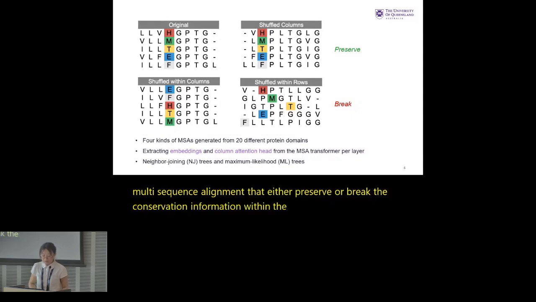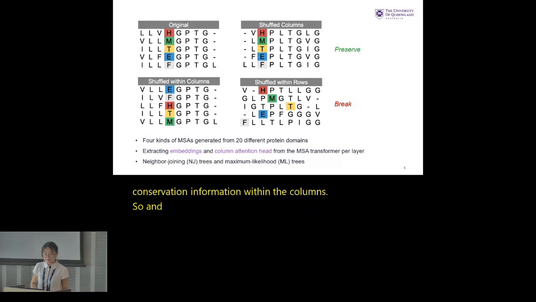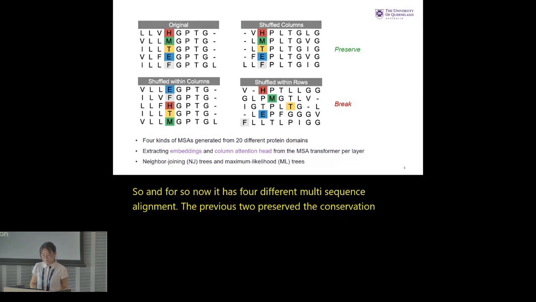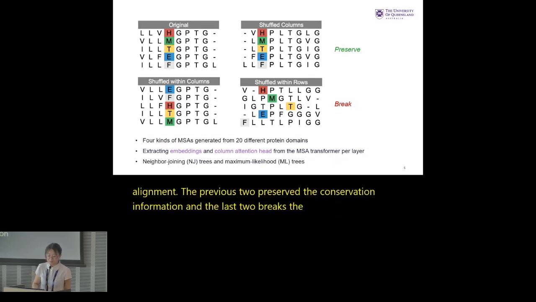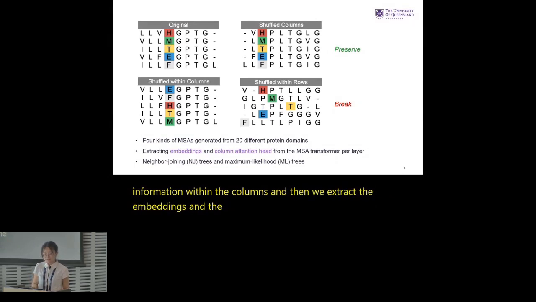So now we have four different multi-sequence alignments. The first two preserve the conservation information, and the last two break the conservation information within the columns. Then we extract the embeddings and the column attention heads using the MSA transformer layer by layer, and using the original multi-sequence alignment, we generate the neighbor-joining and the maximum likelihood trees.